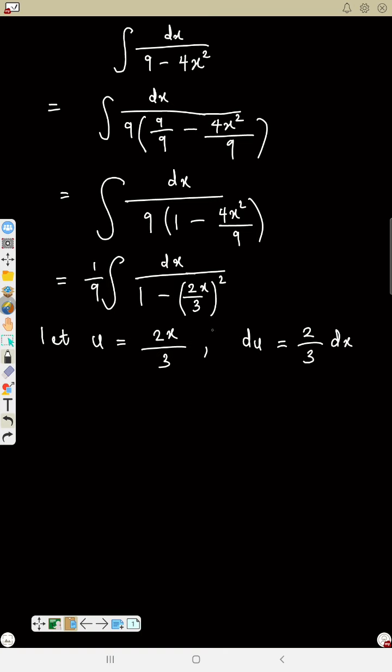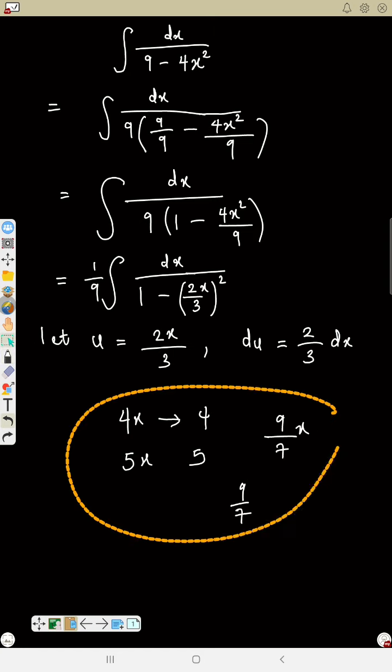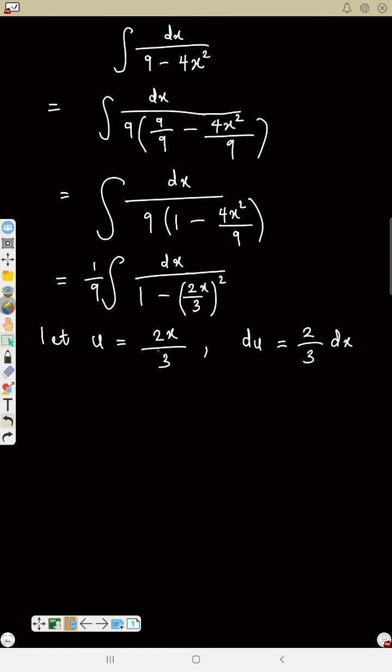Now this simply means if I differentiate 2s over 3, my answer will be 2 over 3. If you differentiate 4s, your answer is 4. If you differentiate 5s, your answer is 5. If you differentiate 9 over 7s, your answer is 9 over 7. So if you differentiate 2s over 3, your answer is 2 over 3.